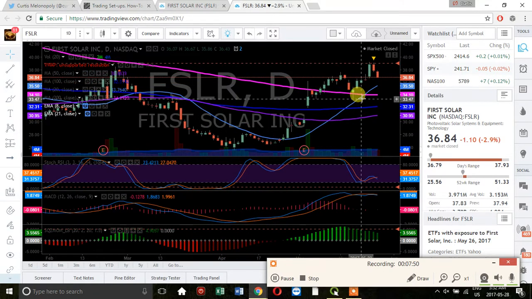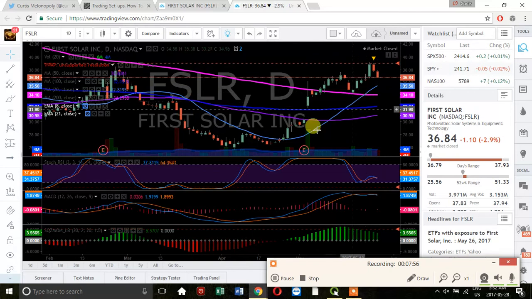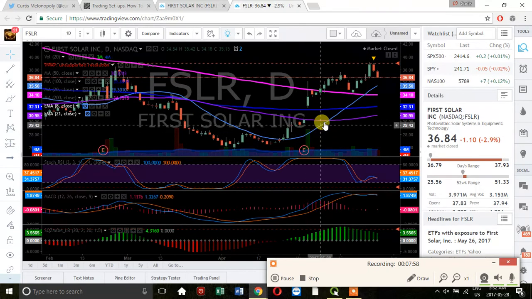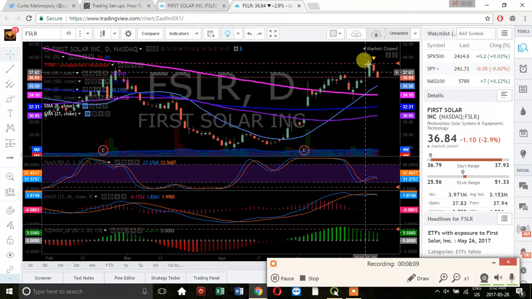And then over time the 20 breaches the 200, and what happens to the trade? Now that's kind of the ideal situation. So when the 20 breaches the 50, you want to see some price lift. When the 20 breaches the 100, you want to see some price lift. And when the 20 breaches the 200, you want to see some lift in price.